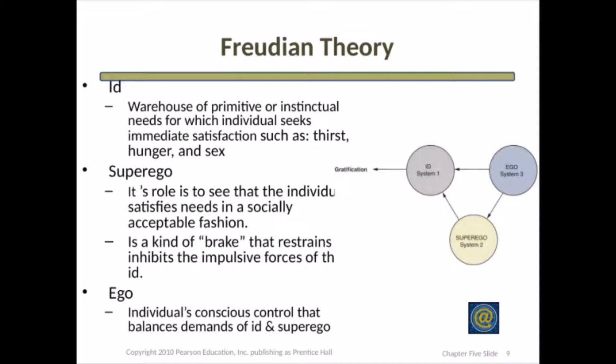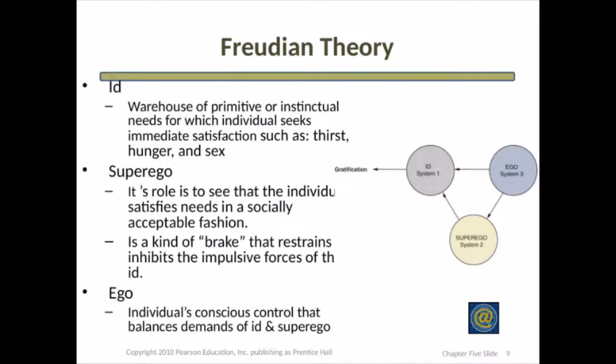What is the ego? The ego, according to Freud, is the individual's conscious control, the conscience, that balances the ID and the superego. We have the ID, very reckless and impulsive, that wants to satisfy his needs. And we have the superego, very restricted, with constraints.